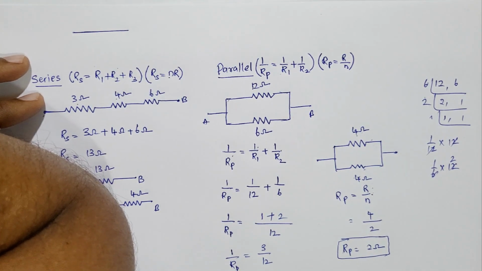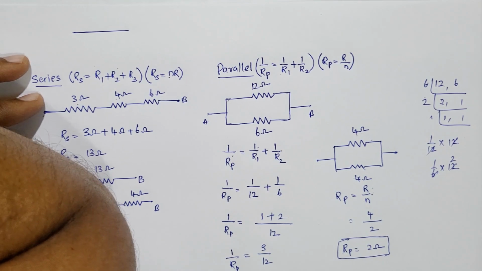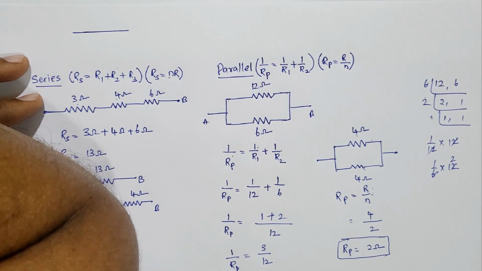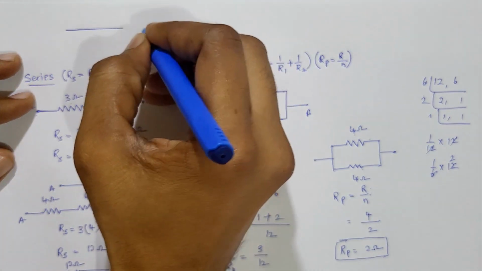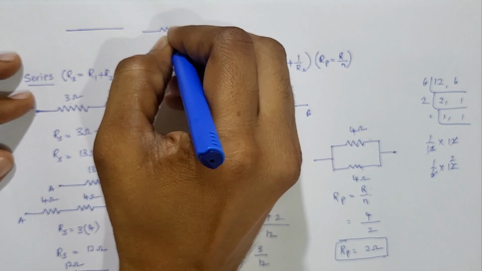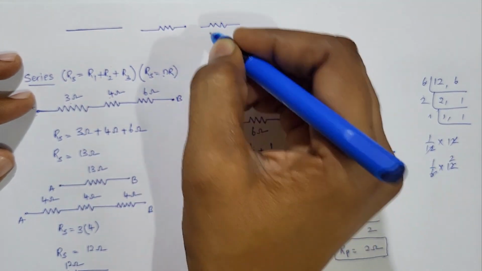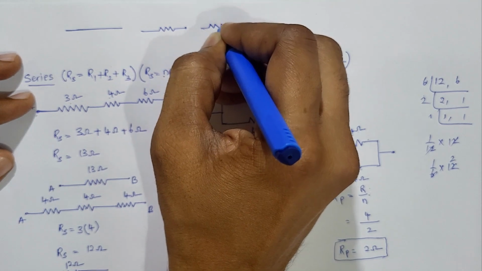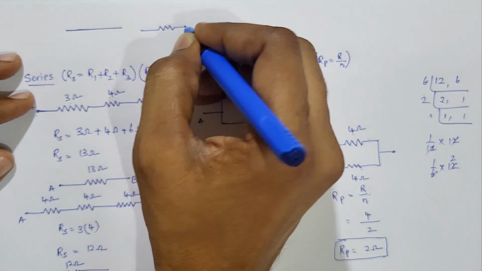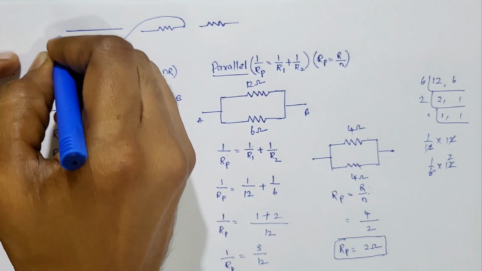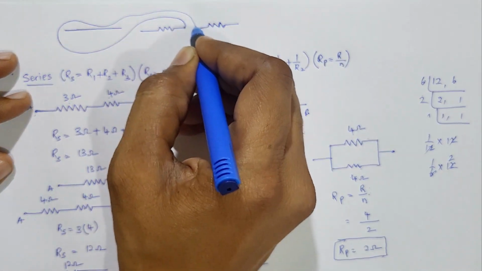Let them give it in any way: circular, square, rectangular, triangular, any shape. Suppose there is a resistance like this, and there is one more resistance like this. This terminal went like this, like this, like this, and it came like this.